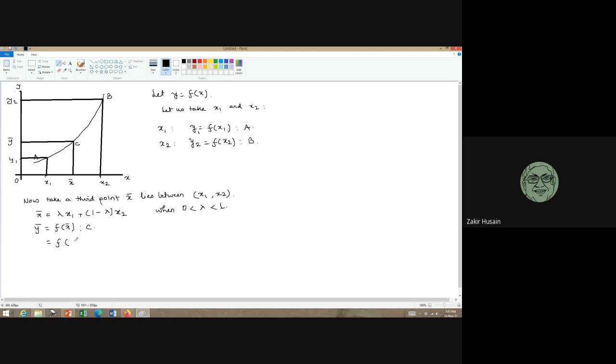Now we connect point A with point B. Remember A is y1, which is f(x1), and B is y2, which is f(x2).